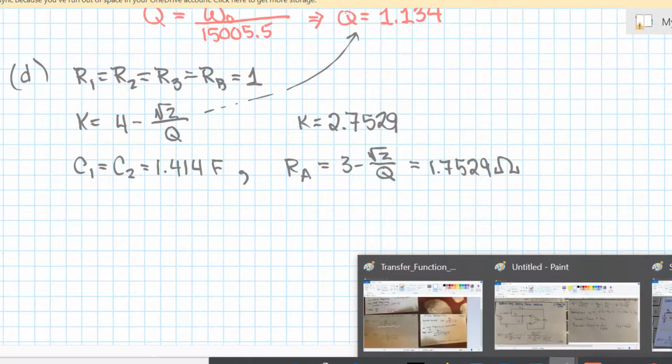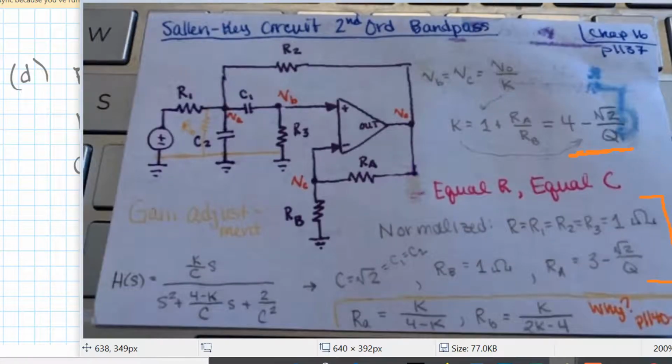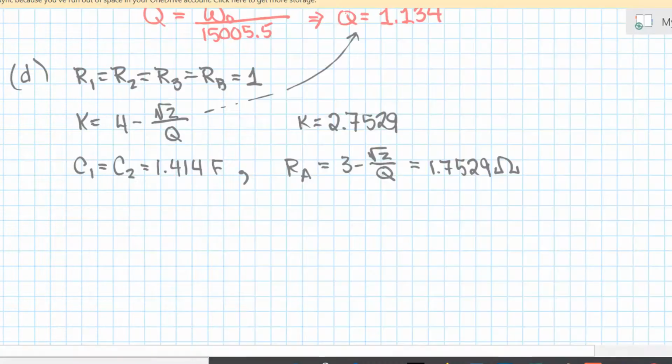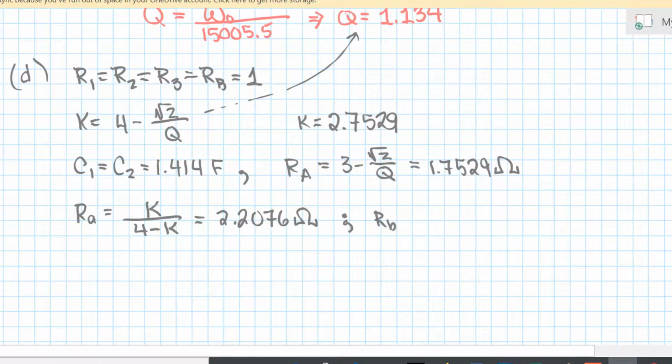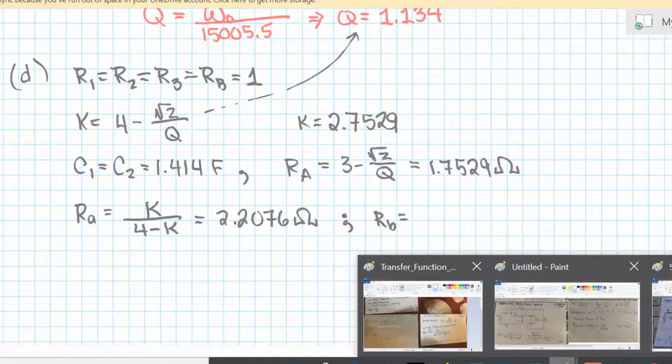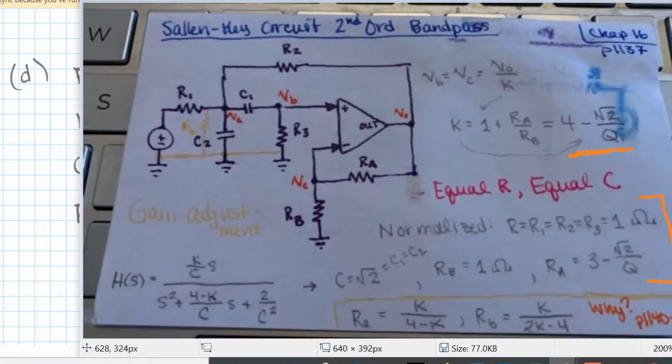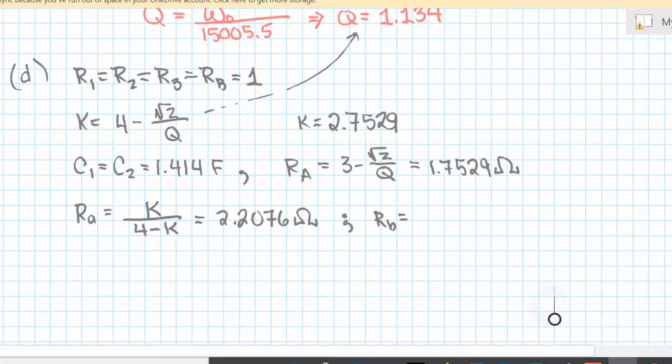And then what else? The R sub little a and R sub little b. So R sub little a is K over 4 minus K. And just plug in that value of K. I get 2.2076. And R sub little b was K over 2K minus 4. And again, we have our value of K, so just plug that in. So 1.8281.